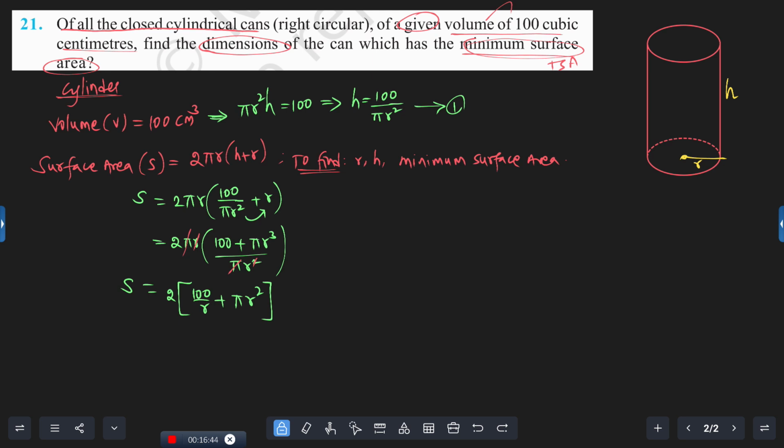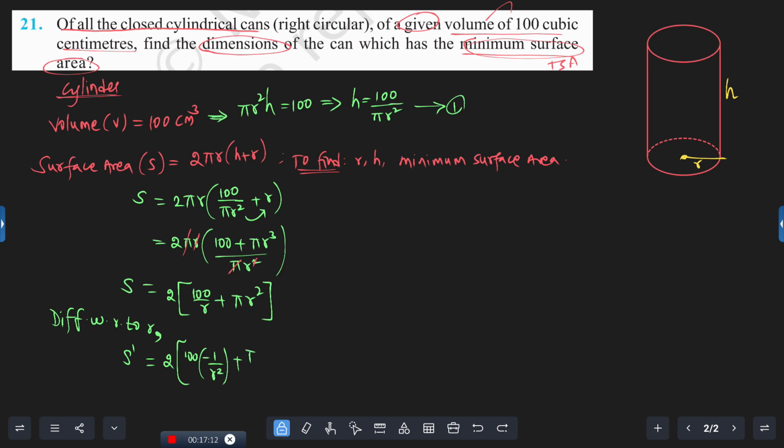Yes, I want to differentiate now. Differentiate with respect to r on both sides, so that S dash is equal to 2 into, see, 100 is separate. Listen carefully. 1 by r, when you differentiate, the derivative of 1 by r is minus 1 divided by r square.